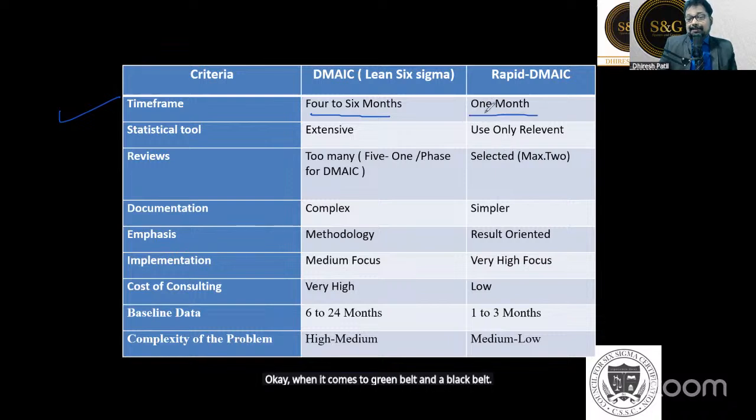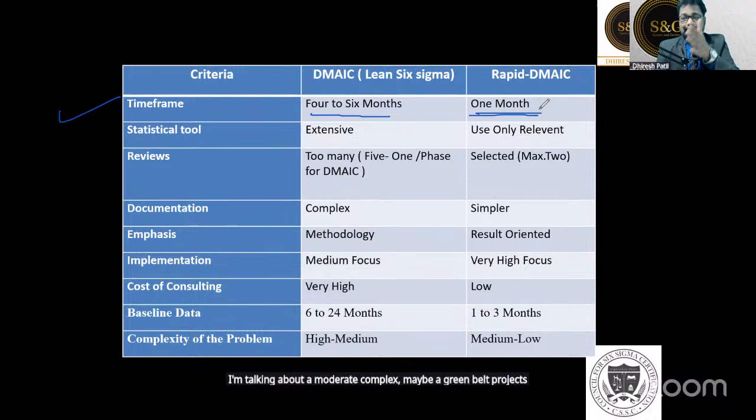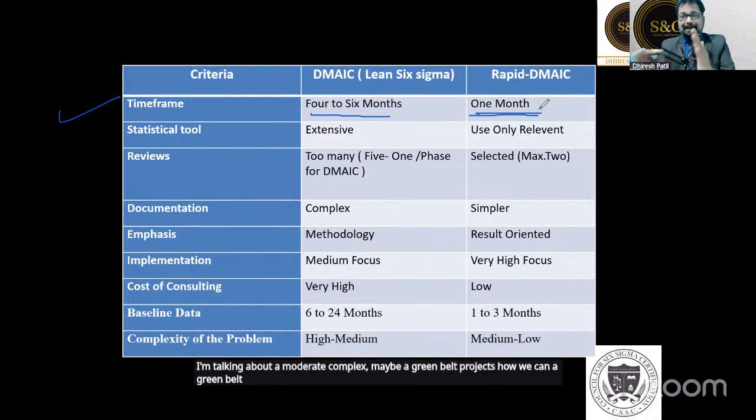With rapid DMAIC, we can focus on about 1 month. I'm not talking about yellow belt projects. I'm talking about moderately complex, green belt level projects, and how we can complete them within 1 month.